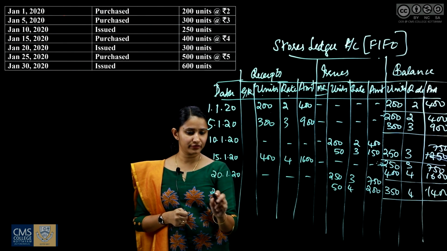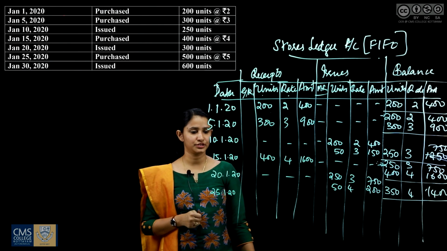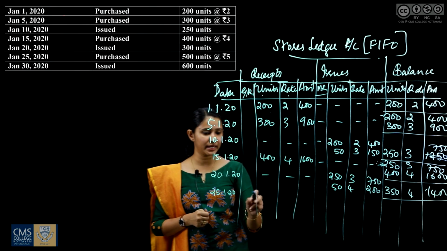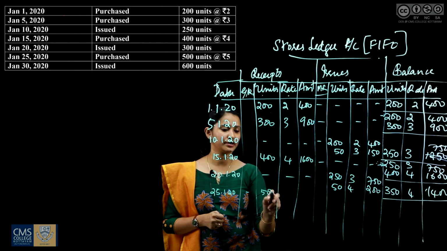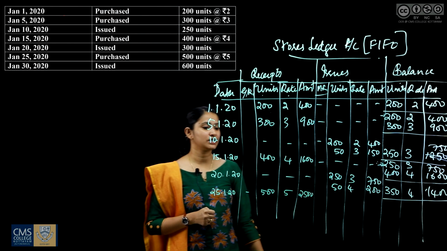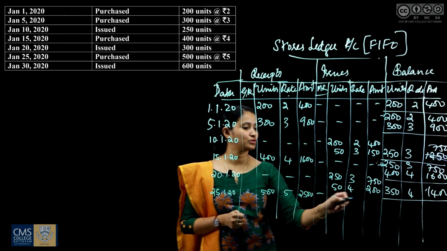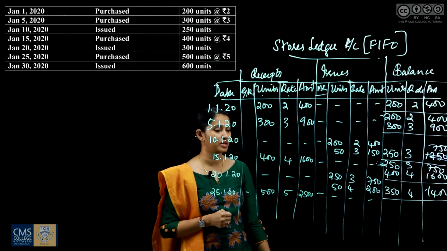Then on 25th of January, again we have made a purchase of 500 units at 5 per unit. So we have materials worth 2500 in stores. On that day there are no other issues that have been made.